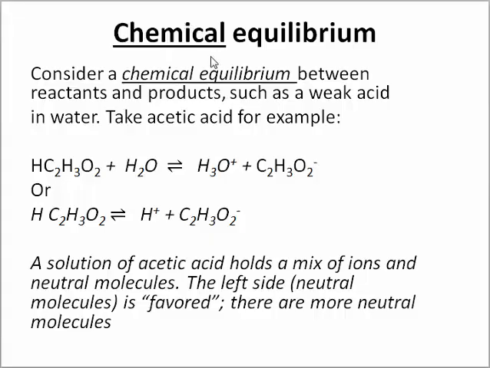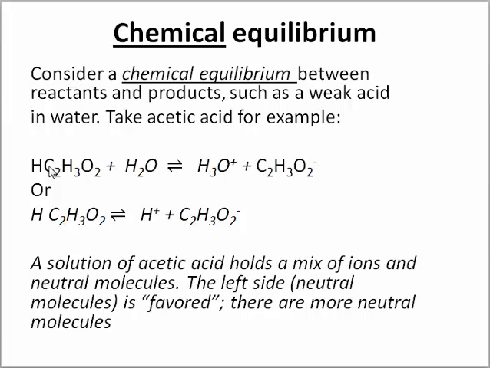To think about chemical equilibrium, let's begin by considering something you've seen before. Consider a chemical equilibrium between reactants and products, such as a weak acid and water. Take acetic acid, for example. Acetic acid, you know from your first general chemistry course, is a weak acid.